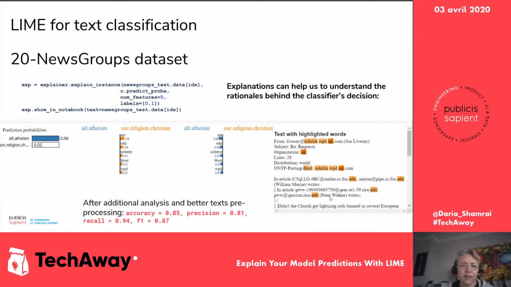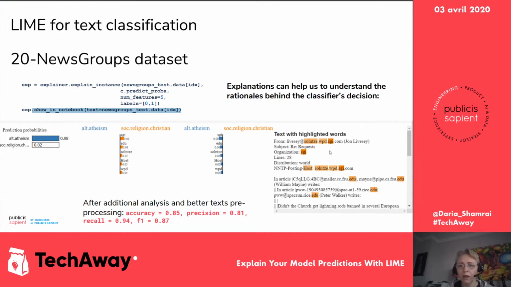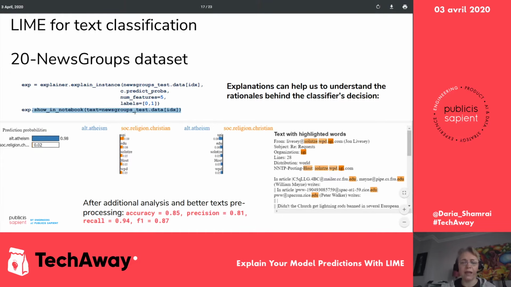But in fact, LIME is a really handy tool to get an explanation of this kind, because with one simple single line of code, you can get a representation of the explanation, which gives you a text where the words contributing to each class are highlighted, and you also get the explanation which supports the decision of your classifier.